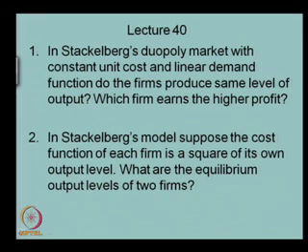In Stackelberg's model, suppose the cost function of each firm is the square of its own output level. What are the equilibrium output levels of the two firms? So, here I have qi square. The problem remains more or less the same.